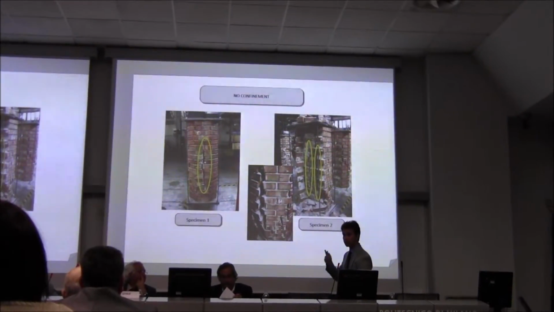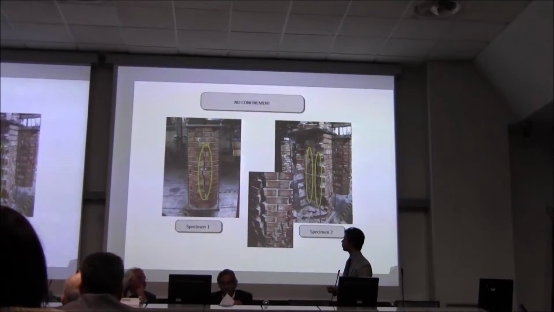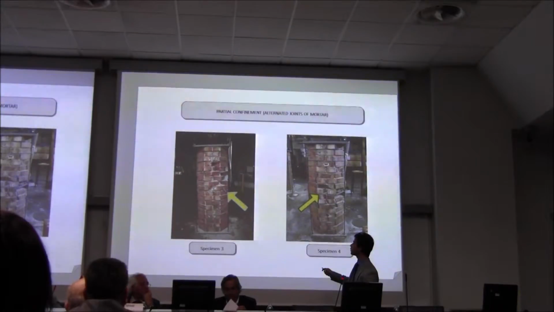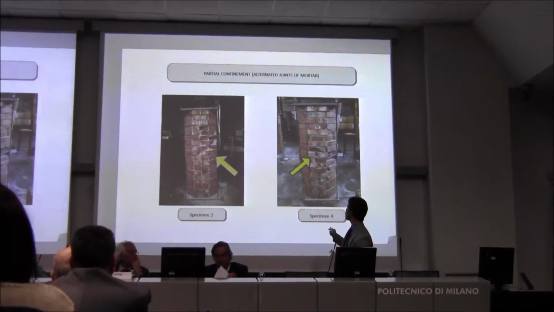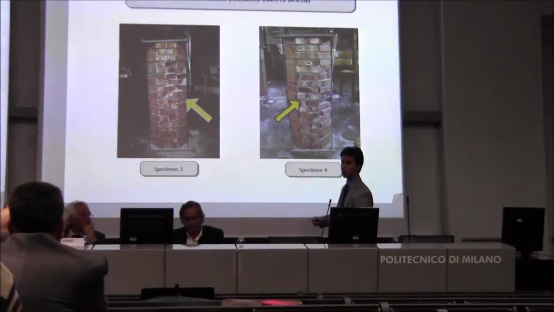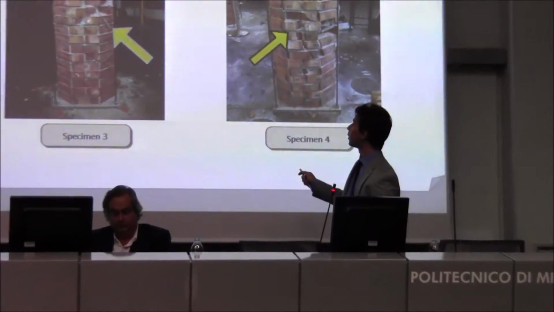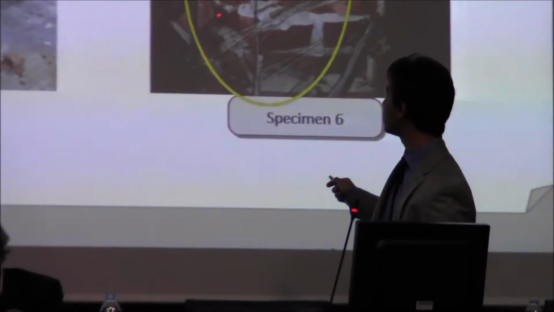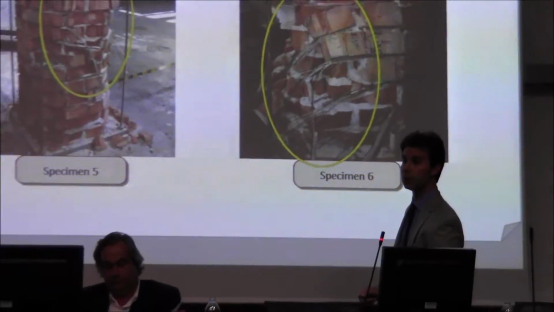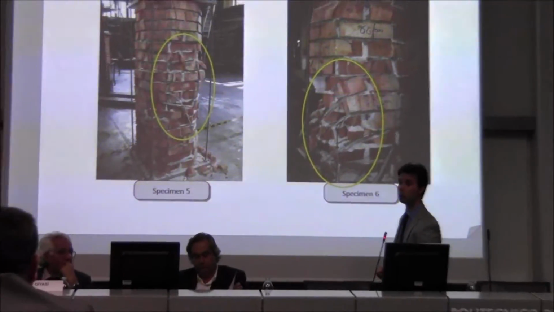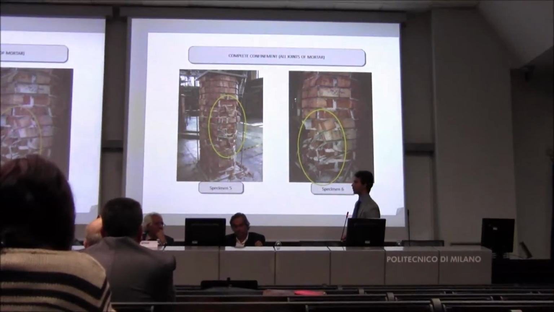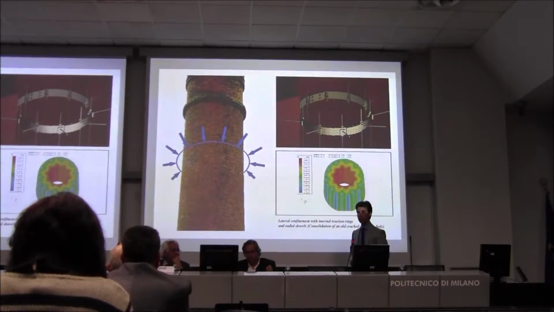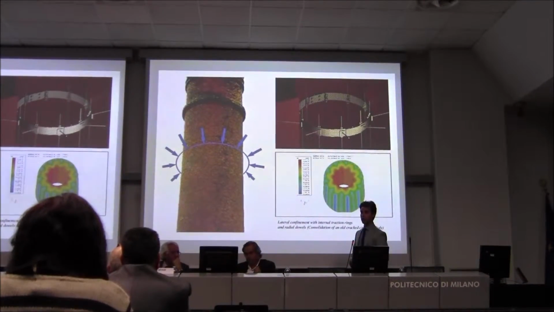But if we insert these wire cables, we increase the collapse load and we reach a different failure mechanism, so that we reach the collapse of the brick if there is a partial confinement. We reach the collapse of the brick and the collapse of the wires if we introduce a complete confinement of the specimen. And then a second proposal has been advanced for our minaret.